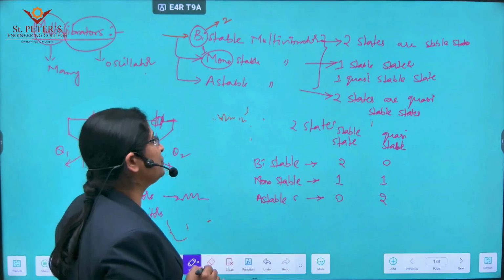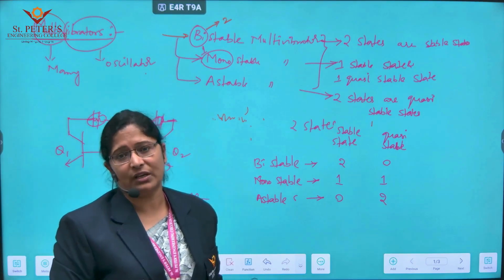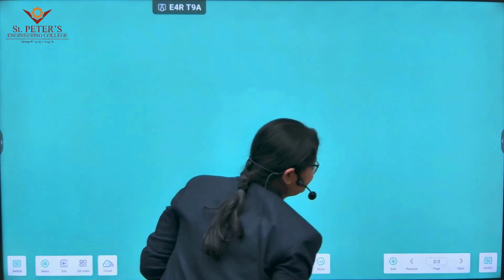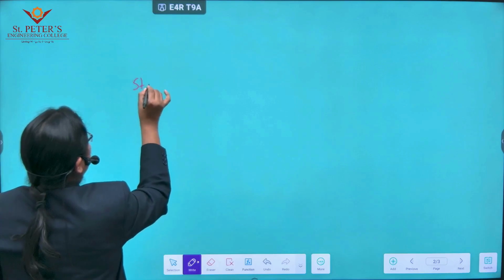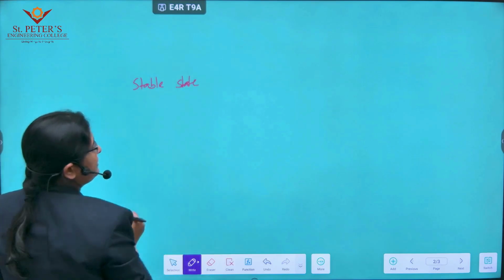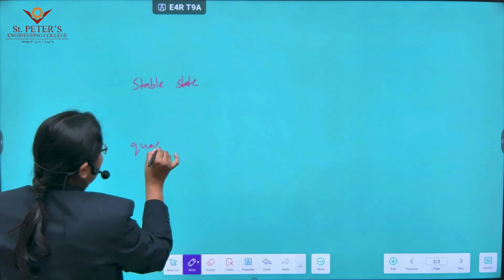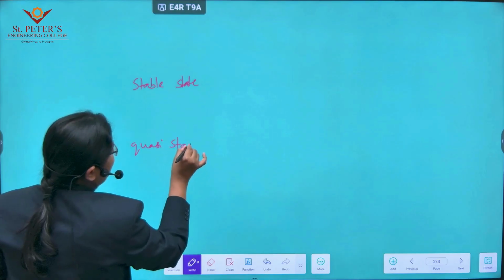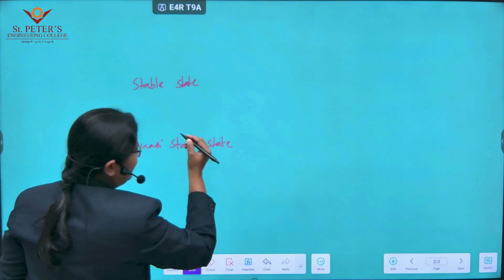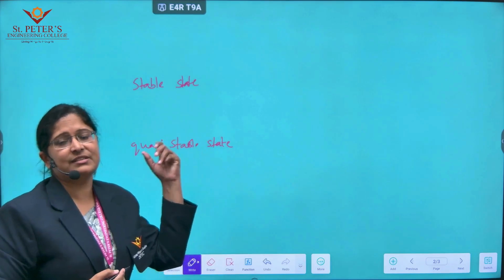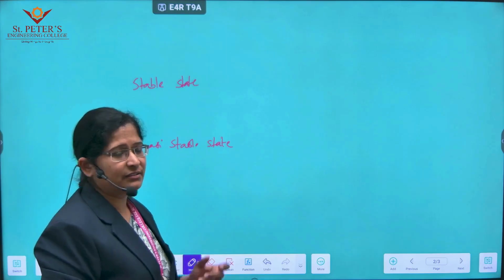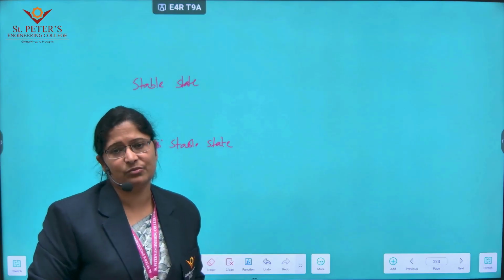So here we need to know what a stable state is and what a quasi-stable state is. If we understand what a stable state and a quasi-stable state are, it will be easy to understand the classification of multivibrators very clearly.